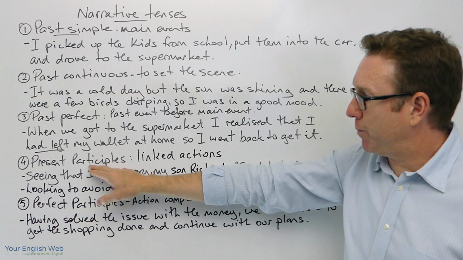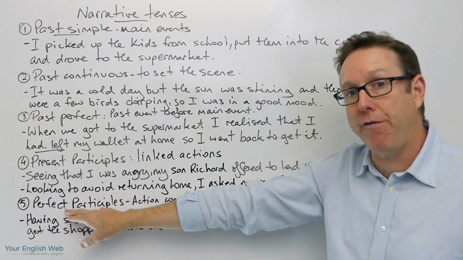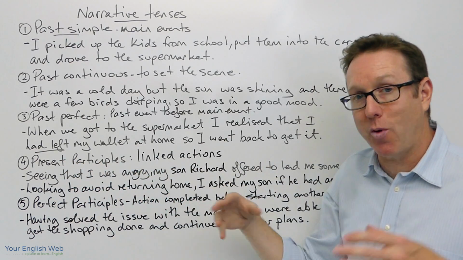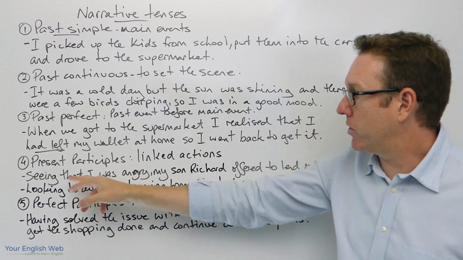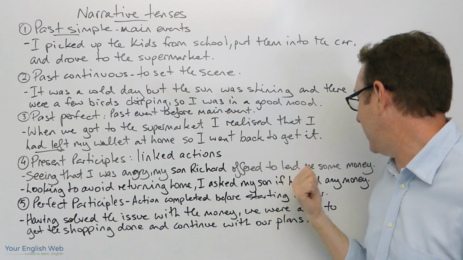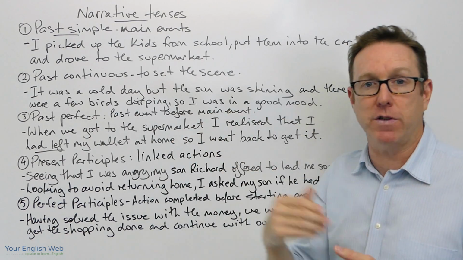We can also use participles, participle tenses, the present and the perfect participle. So for example, the present participles are showing linked actions. So seeing that I was angry, my son Richard offered to lend me some money, in order for me not to have to go home.